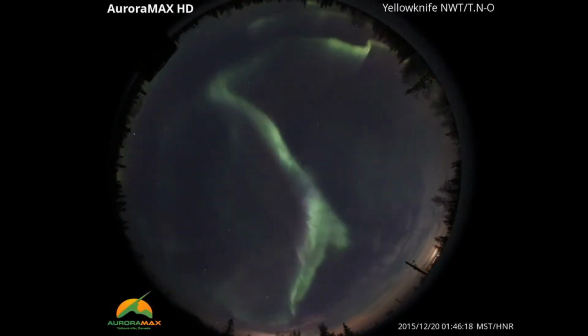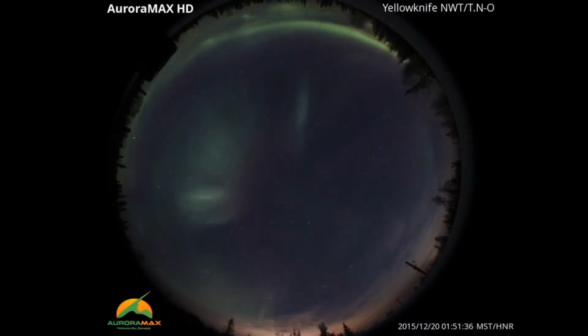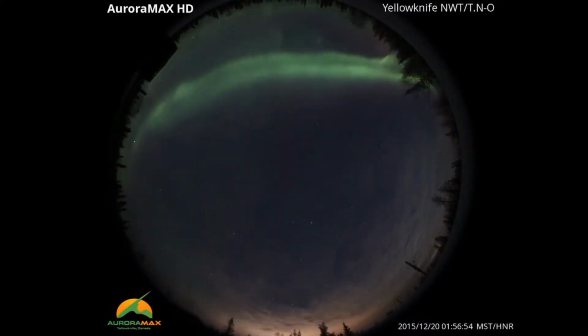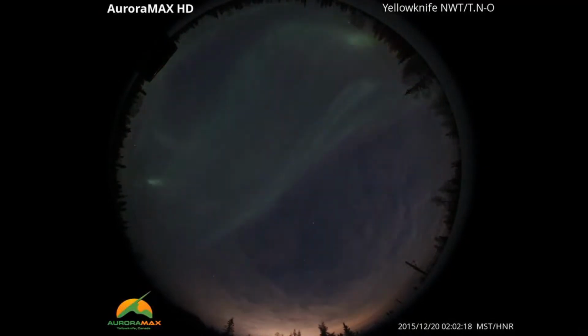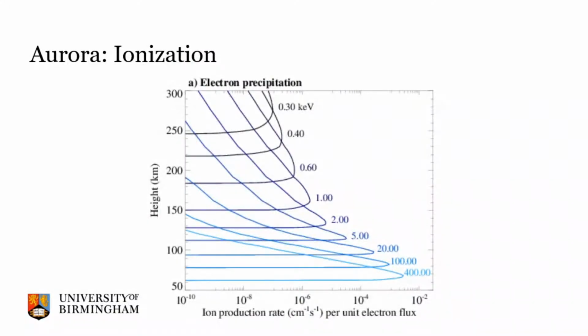These auroras are produced by those energetic particles being accelerated in along the magnetic field and colliding with our Earth's upper atmosphere. In the process of that collision, those particles also ionize the upper atmosphere, where the depth at which these particles create ions is dependent on the energy of those particles, or the speed at which they are moving.